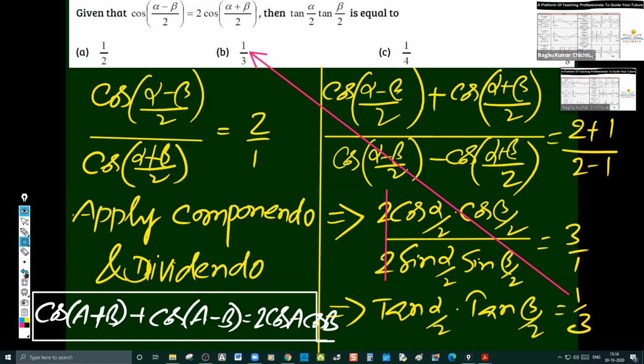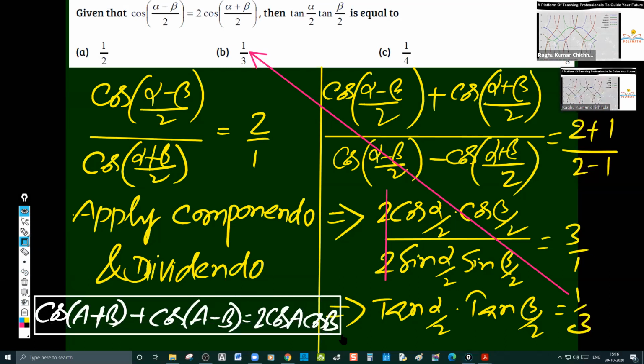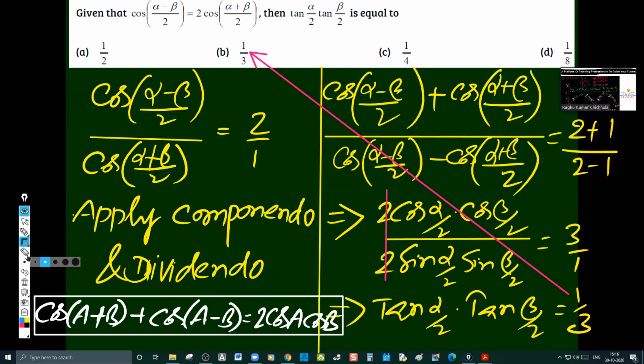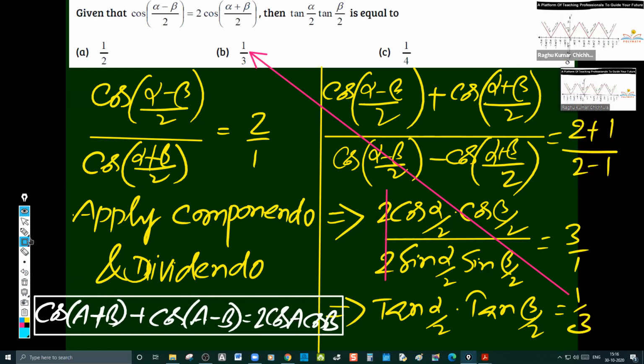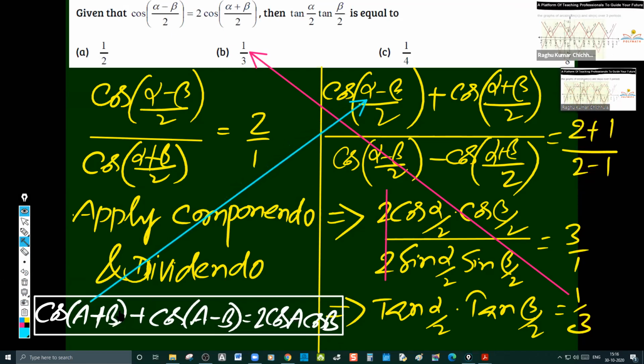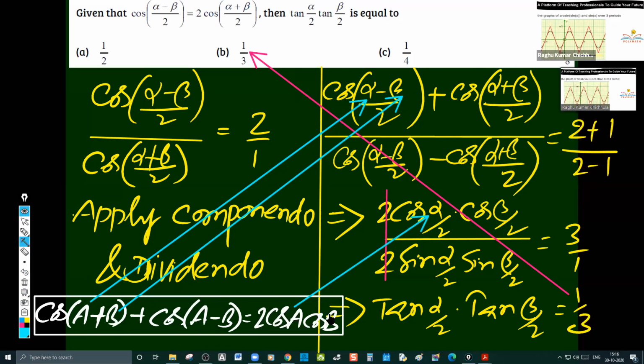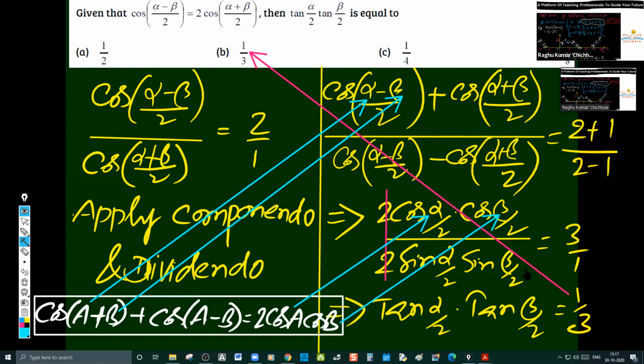That is why you're getting confused. Nothing other than that. What we did is correct only. Let me compare and show you. This is A, alpha by 2, this is B, beta by 2. That's it. I think it should be clear now. Yes, sir, it's clear.